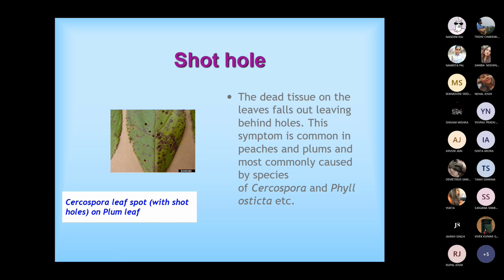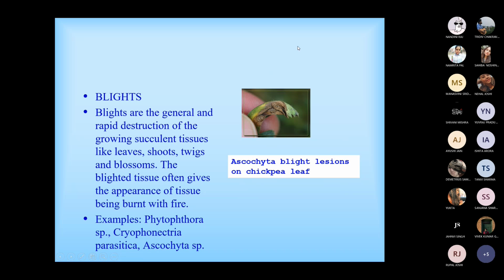known as shot hole symptoms. Then blights. Again, blights are very common. They lead to the rapid destruction of succulent tissues such as leaves, shoots, twigs, and blossoms. The blighted tissue looks as if it was burned by fire. You can see here Ascochyta blight lesions on chickpea.